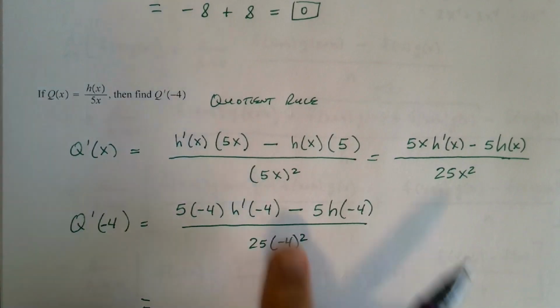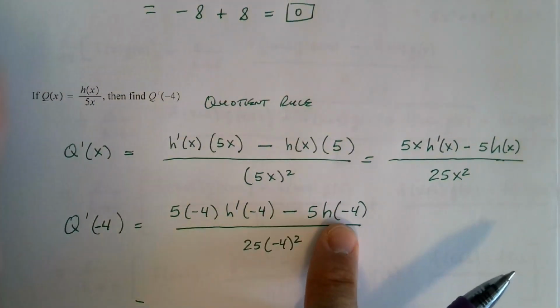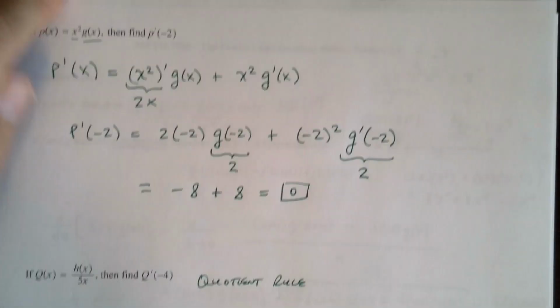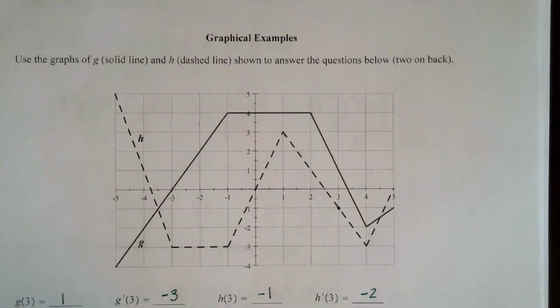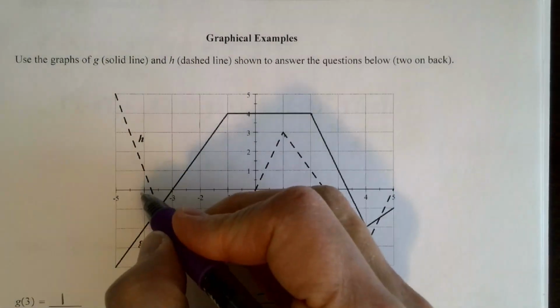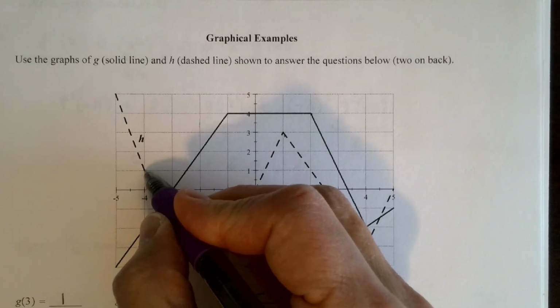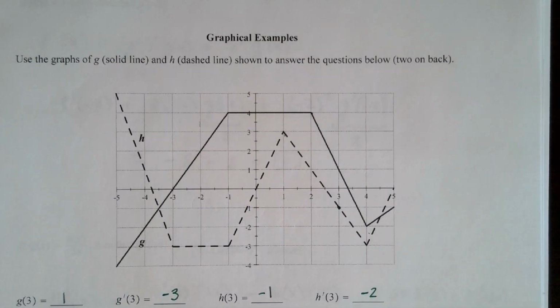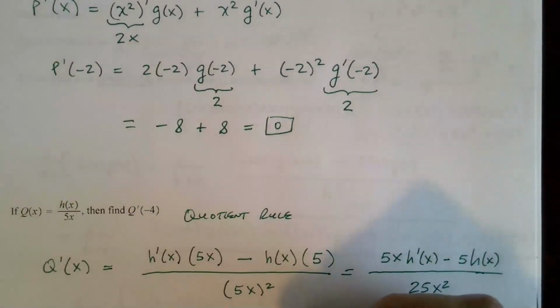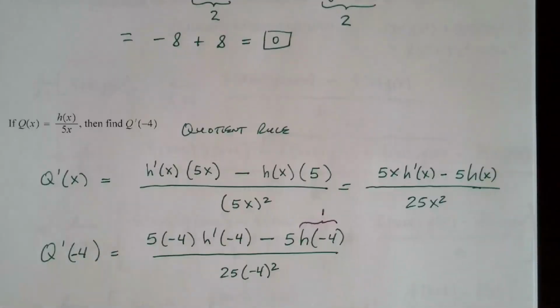Now, what do I need? I need to know what h prime of negative 4 and h of negative 4 are. So let's go to the graph again. h was this dashed line. At negative 4, the output is 1. So h of negative 4 is 1.